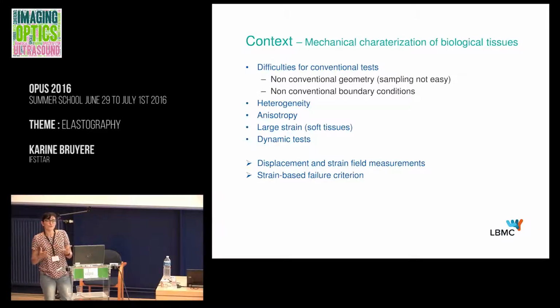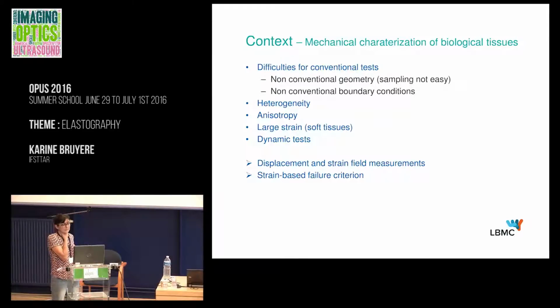We realize a lot of in vitro characterization as we are interested in failure of tissues, and it's not so easy to perform conventional tests on biological tissue samples because it's difficult to obtain conventional geometry. Biological tissue is not so easy to cut and to prepare, and conventional boundary conditions are also difficult to obtain. The mechanical behavior of biological tissue presents some heterogeneity, anisotropy.